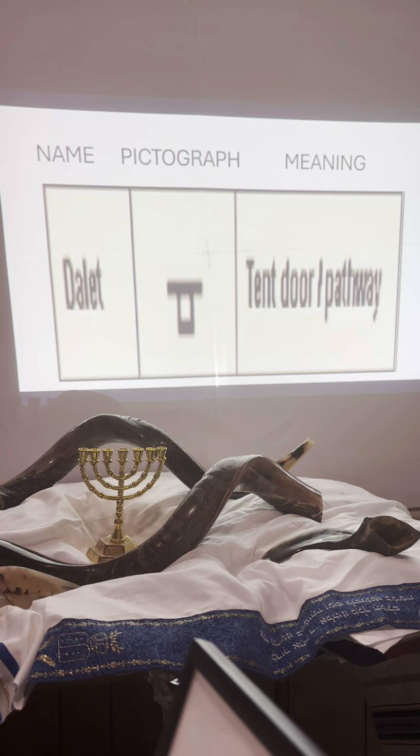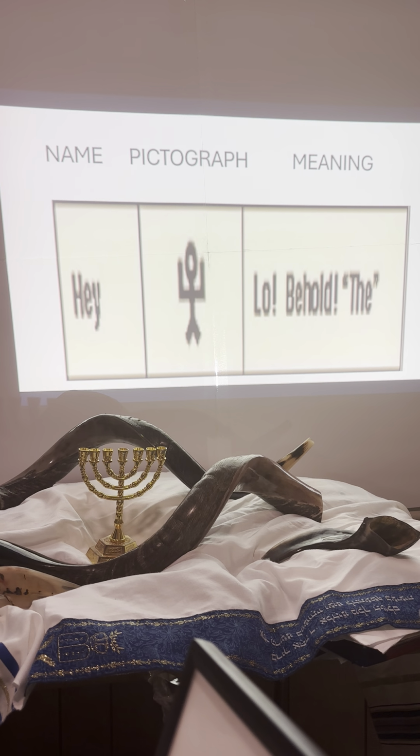Then Dalet. We put the letters a little larger and blow them up so you could see them. The meaning of that is a tent, door, and a pathway. And the He, you see the man standing with his hand up, right? And lo, behold, thee. That's the meaning of it.